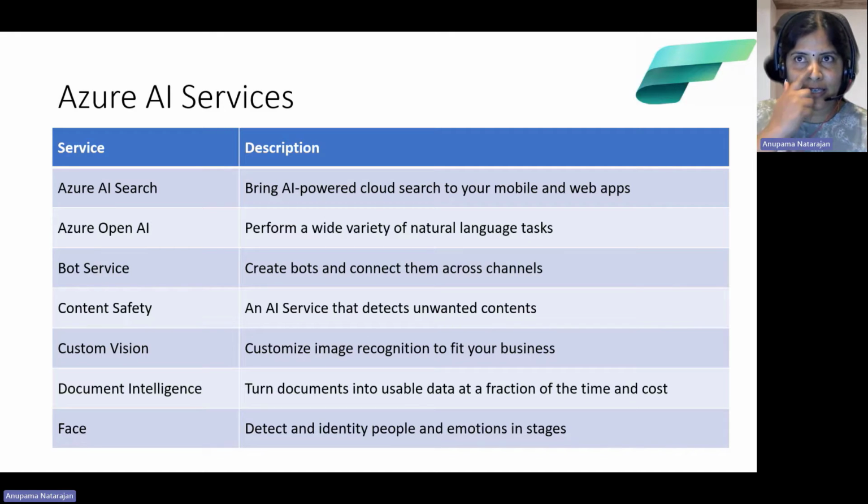Content safety, this may be a new one that you would not have heard before. With a lot of AI capabilities coming in, one of the advantages of using AI on Azure is the content safety capability. Anything that you pass on to the AI models, or any response that you get from the AI models, is scanned for any malicious content before it is served to the end user.